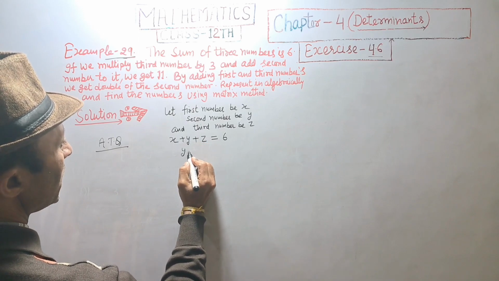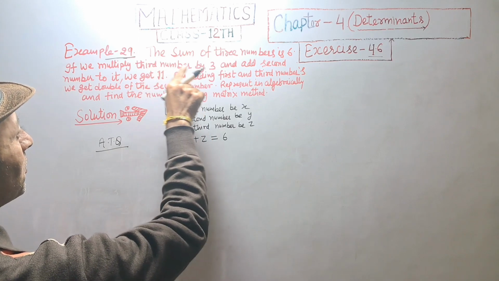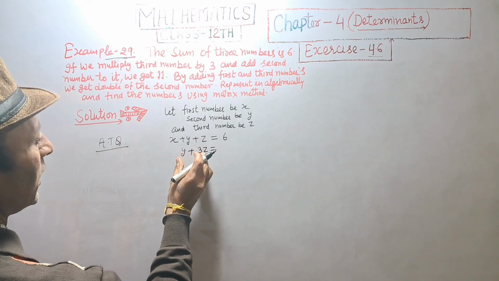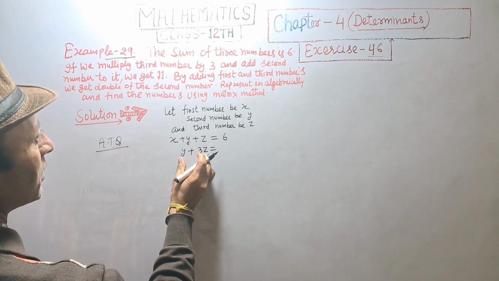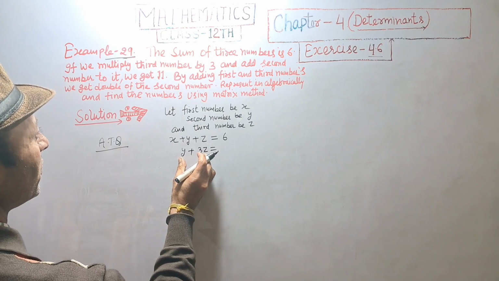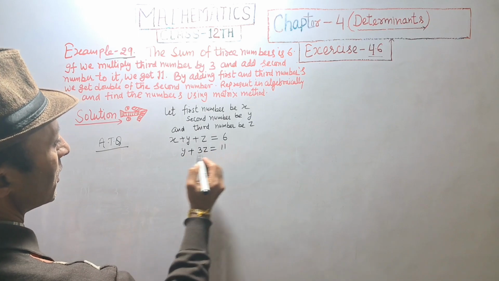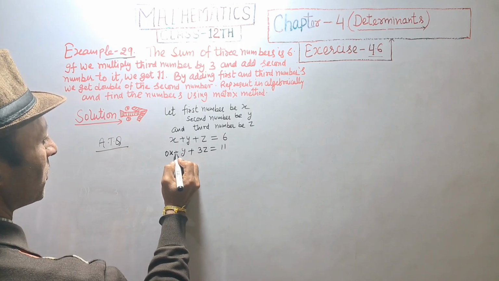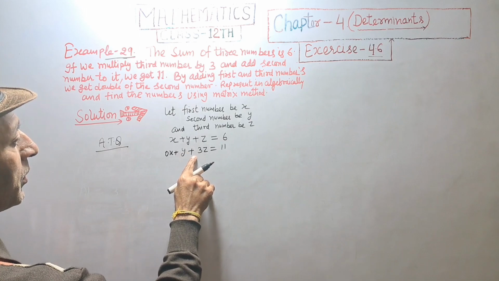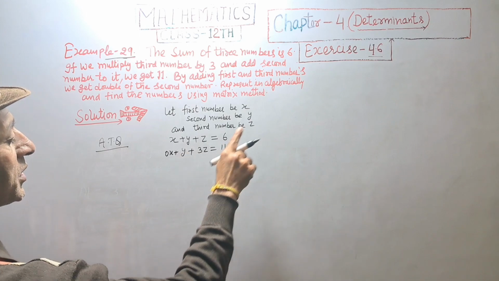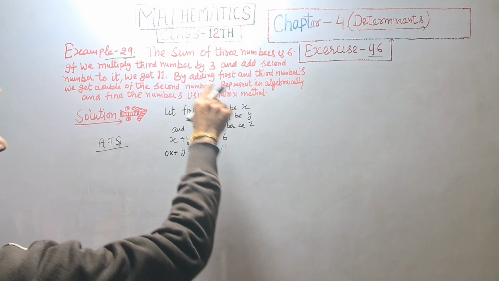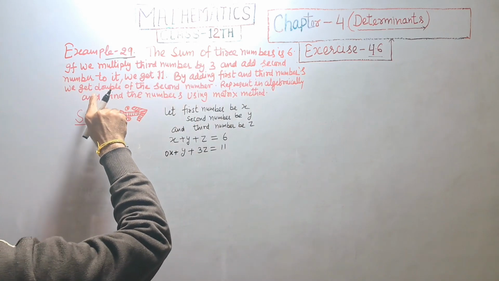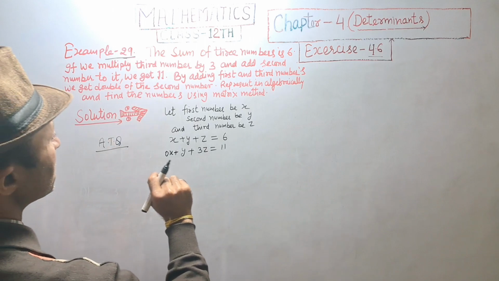The second number is y and the third number is z, so 3z, and adding the second number, we get 11. That is 0 into x plus y plus 3z equal to 11. It's equation number second.